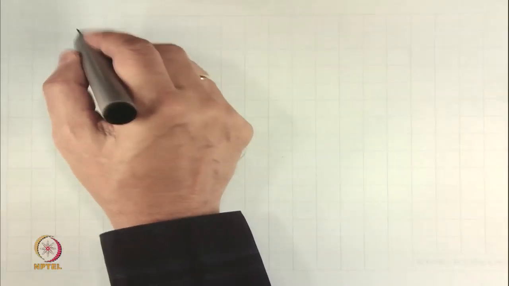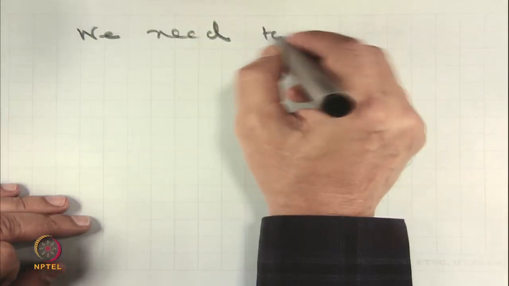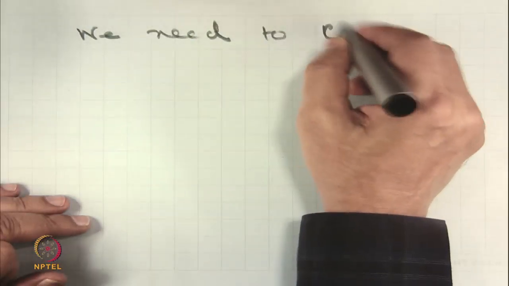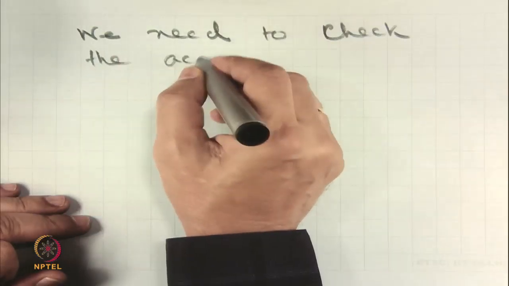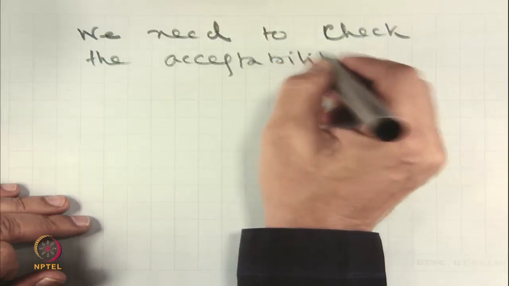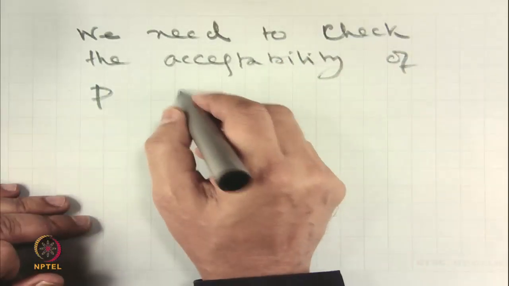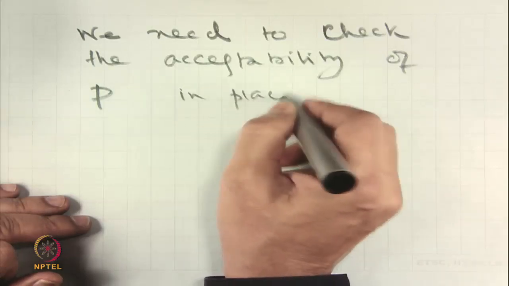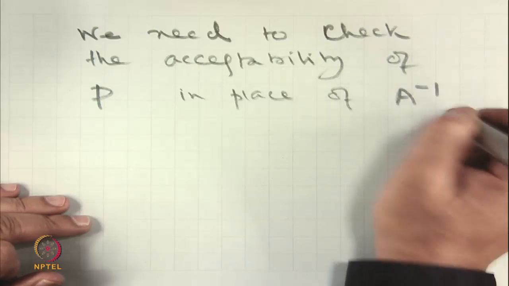We need to check the acceptability of P in place of A inverse.